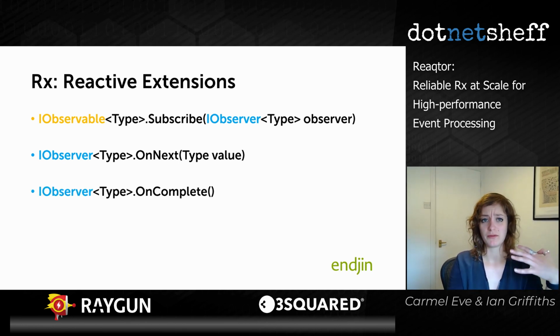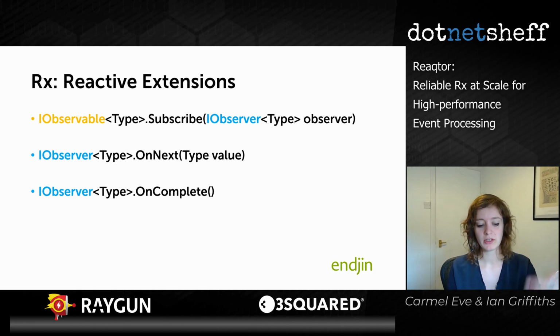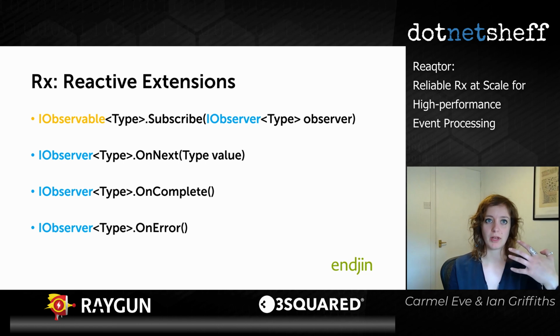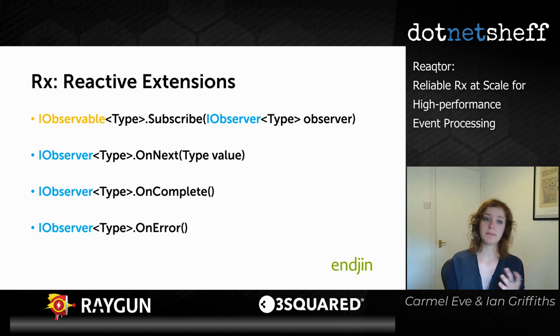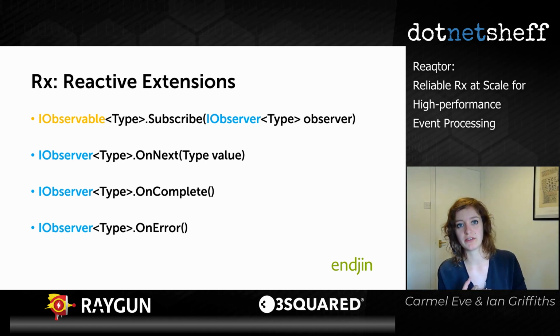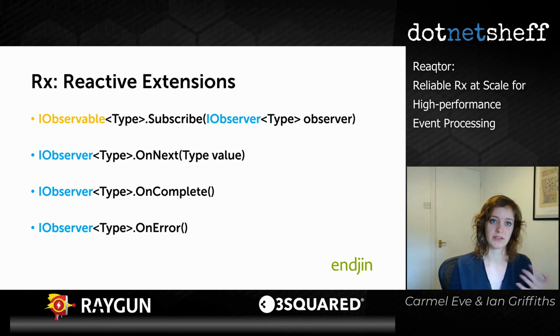Once the observable has finished processing, it'll call the onComplete method on any observers that are subscribed, and this will tell those observers that it won't be producing any more values. Or if during processing the observable produces an error, it will call the onError method of each of the observers, which will notify the observers that an error has occurred.